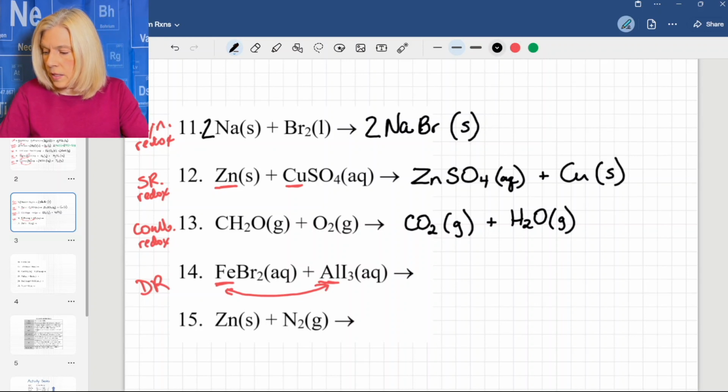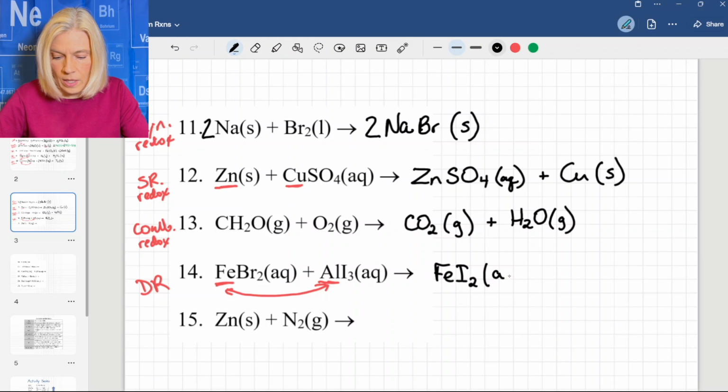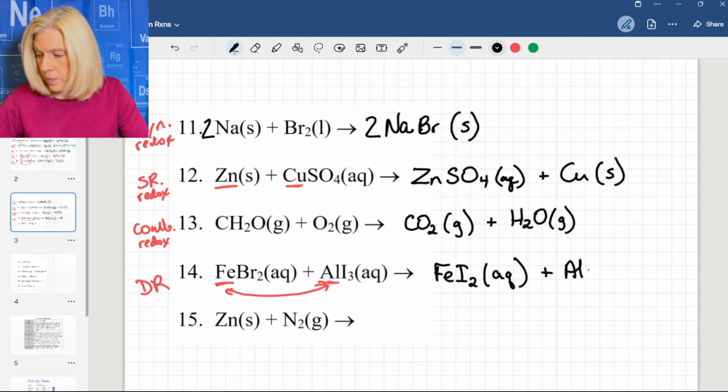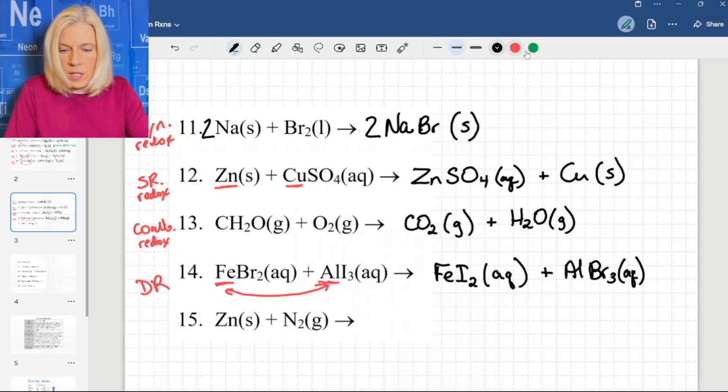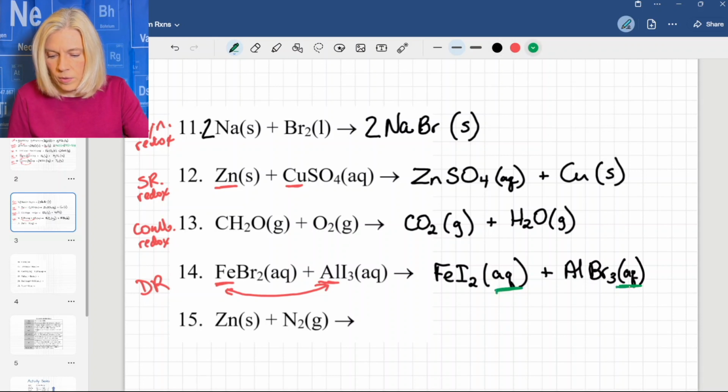Well, okay, we will have iron and iodide, that's AQ, plus we will have aluminum with bromine, but that's AQ. So here is the thing. I have two AQs.